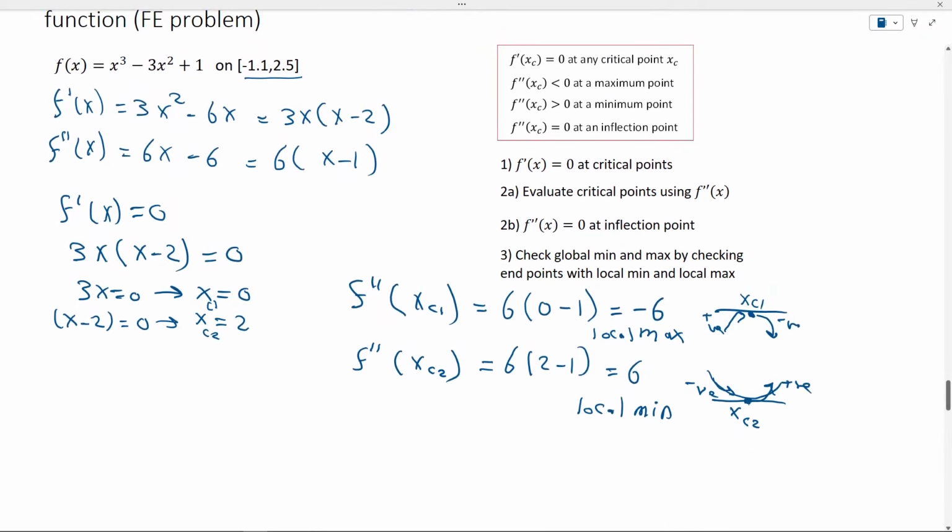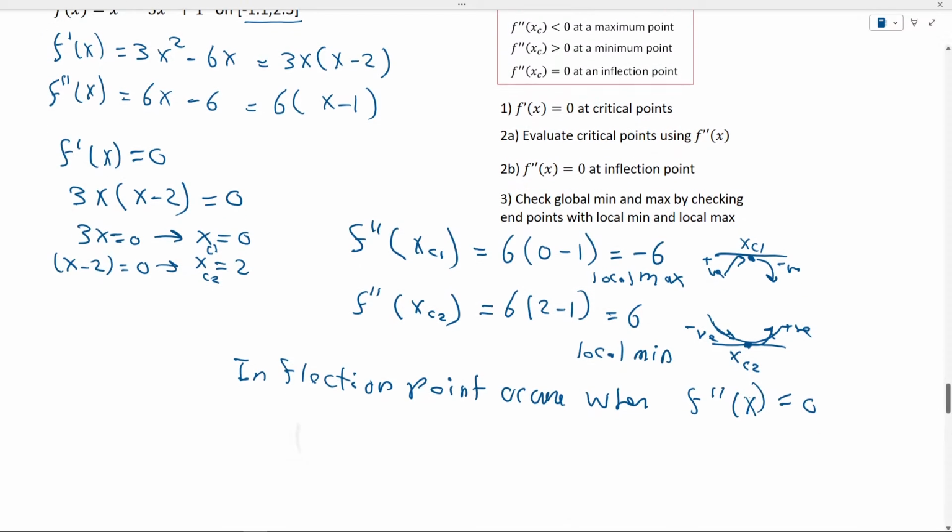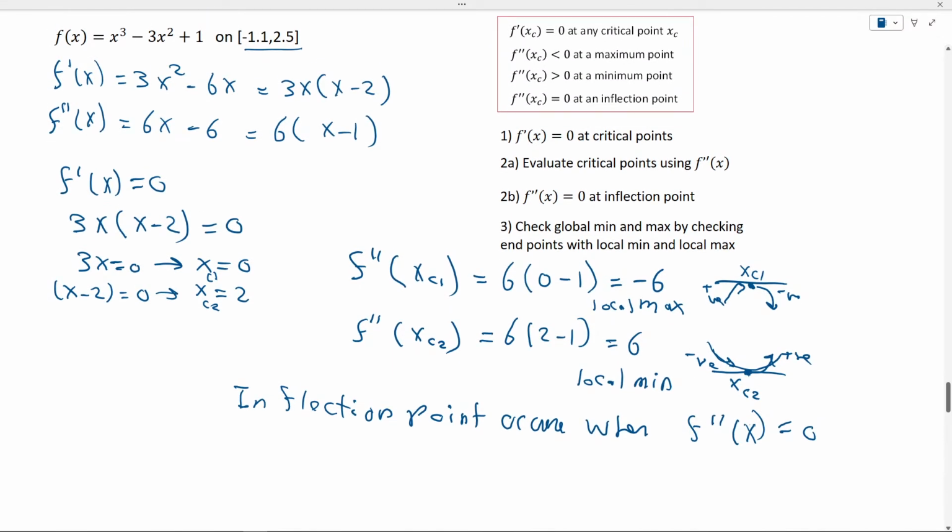But I know how to find all inflection points, because inflection points occur when I set the second derivative equal to 0. So let's set my second derivative equal to 0. So 6x minus 6 is equal to 0.